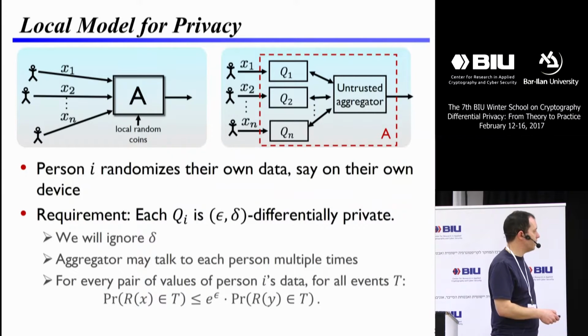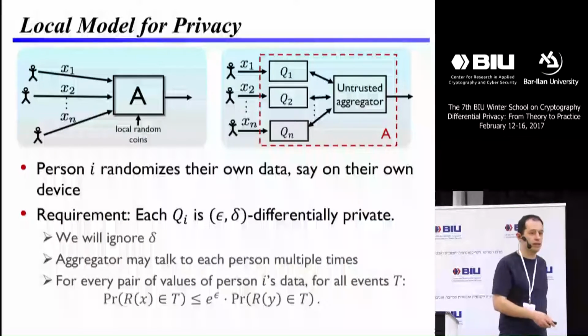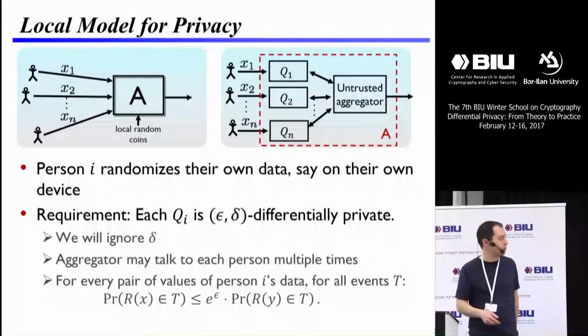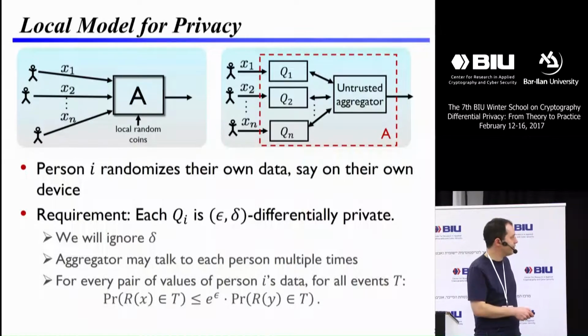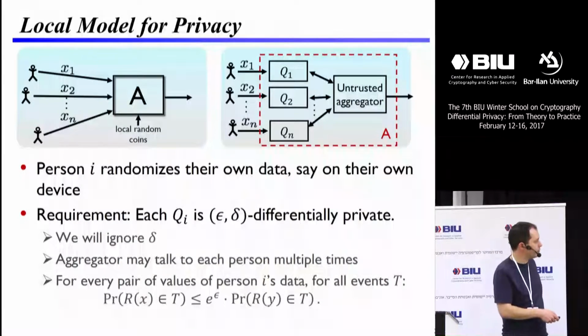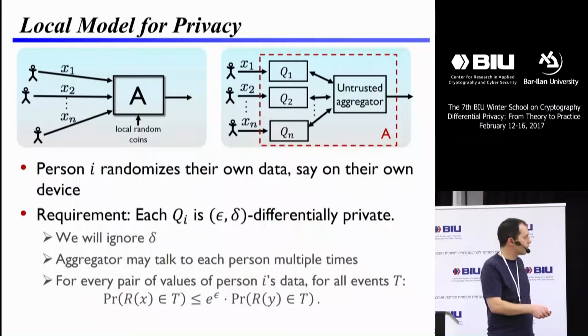So in this model, in order for the whole process to be differentially private, what we need is that each individual little box that's randomizing a given person's information should itself be epsilon-delta differentially private. If each of the Qi's is epsilon-delta differentially private, then the whole algorithm will be epsilon-delta differentially private, and that's because each person is only talking to one of these little Qi's.